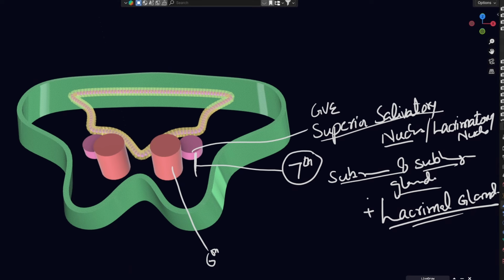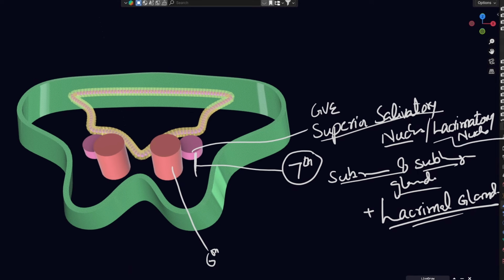Then we will delve deeper into neuroanatomy, which I do not want right now. I want to keep the lecture relatively simple and embryology oriented, right? So this is the superior salivatory nucleus.